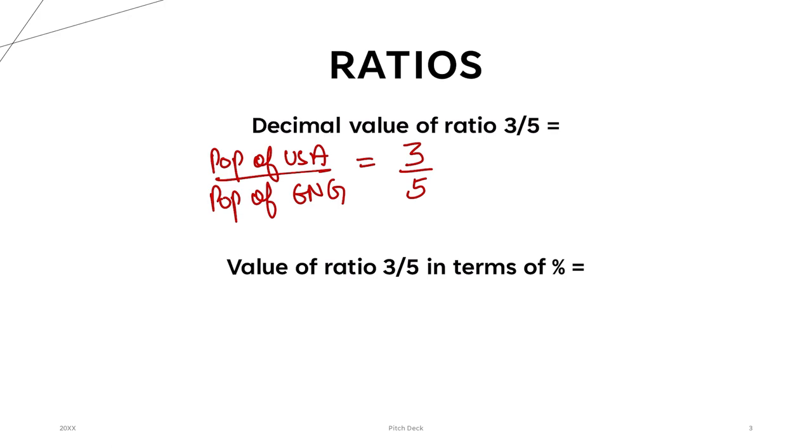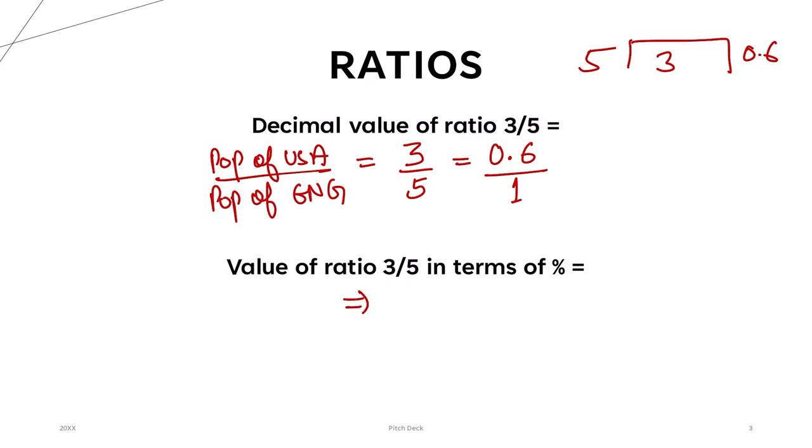If someone asks you to represent this quantity in decimal, how will you do it? Simply divide 3 by 5, you will get 0.6. This means that if the population of England is 1, then the population of US is 0.6. Since 0.6 is less than 1, we can say in this example that the population of country A, that is USA, is less than country B, that is England.